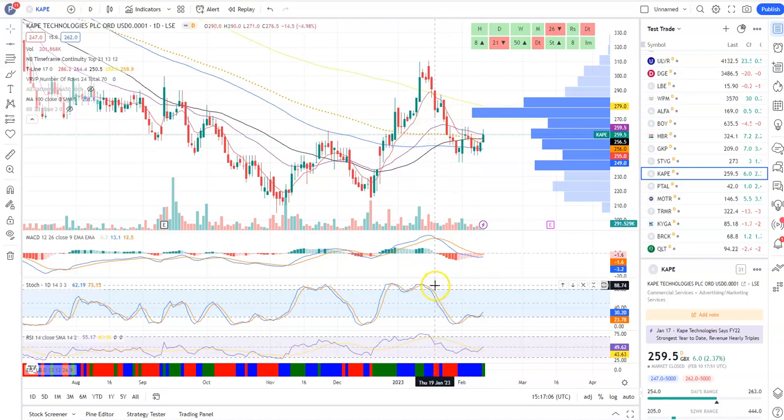So what does it tell me here? Looking at this area here, we have got an oversold condition on the stochastic indicator, telling me that this share has potentially been oversold and could bounce back towards overbought. Now that momentum change is what we're looking for. Now people can trade this crossover, like I said.